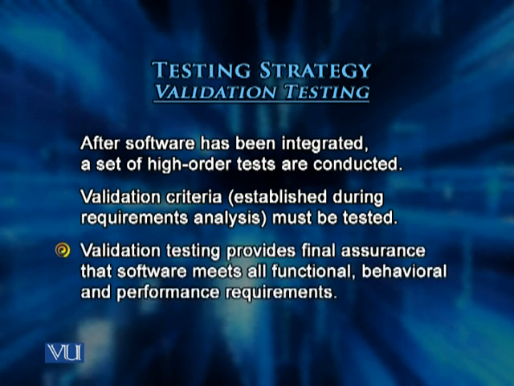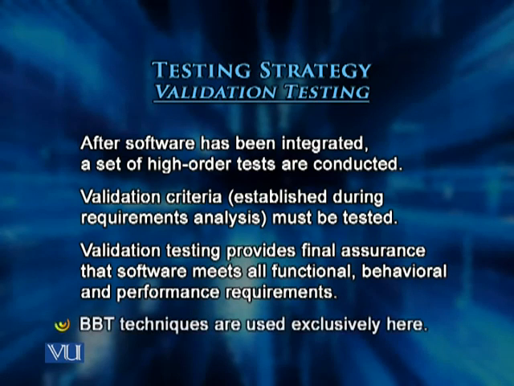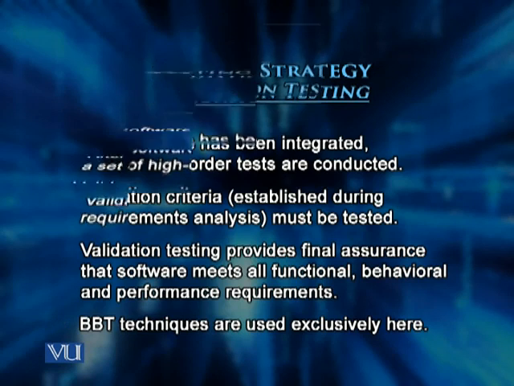The validation testing provides the final assurance that the software meets all the requirements. That includes all the functional requirements, all the non-functional requirements, the design constraints, the domain requirements, and any inverse requirements that have been agreed upon at that time. And as you can guess, black box testing techniques are exclusively used to perform validation testing.